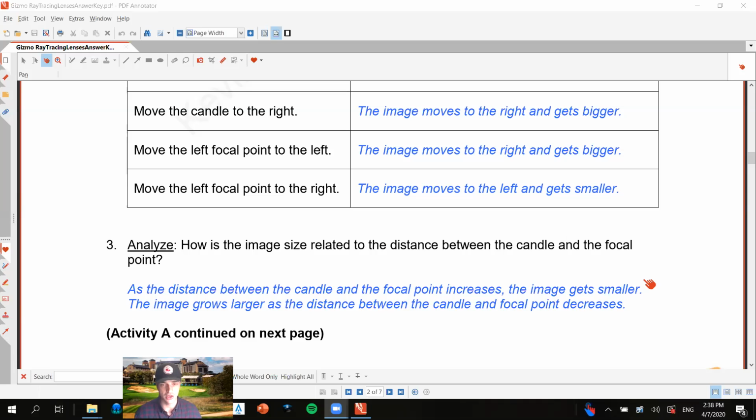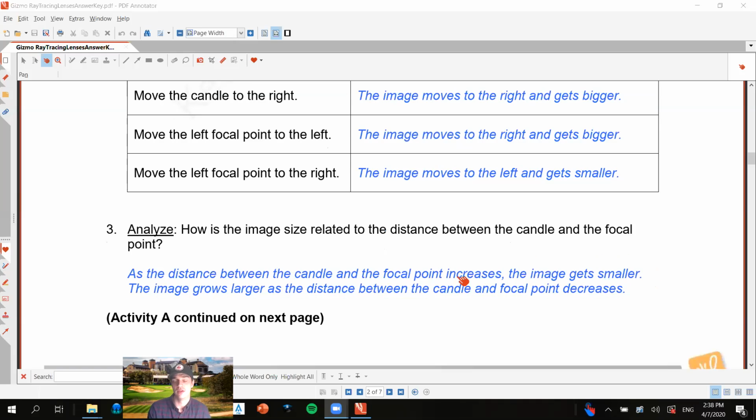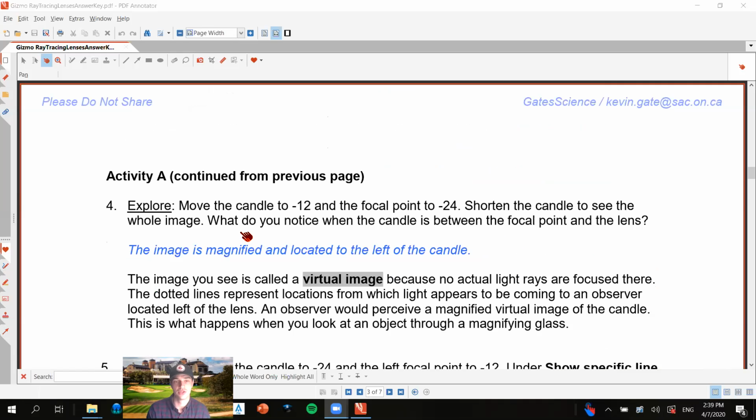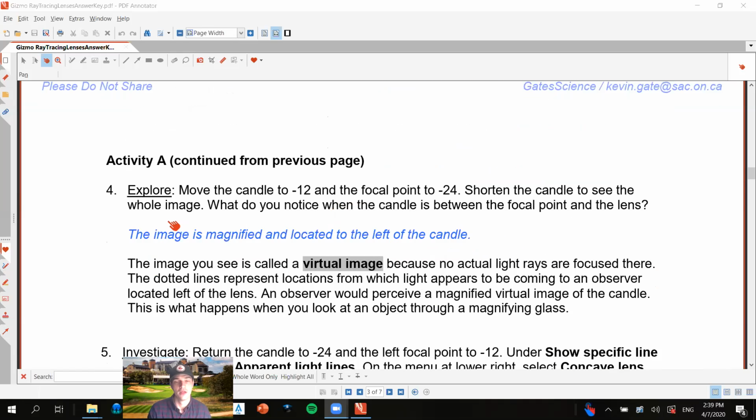The image grows larger as the distance between the candle and focal point decreases. So as the candle and the focal point get closer together, our image produced should be viewed as a bigger image.